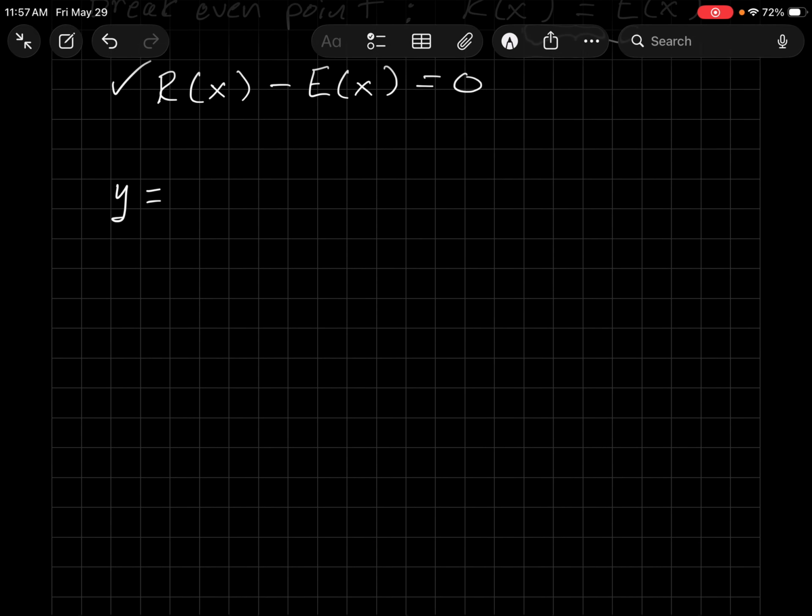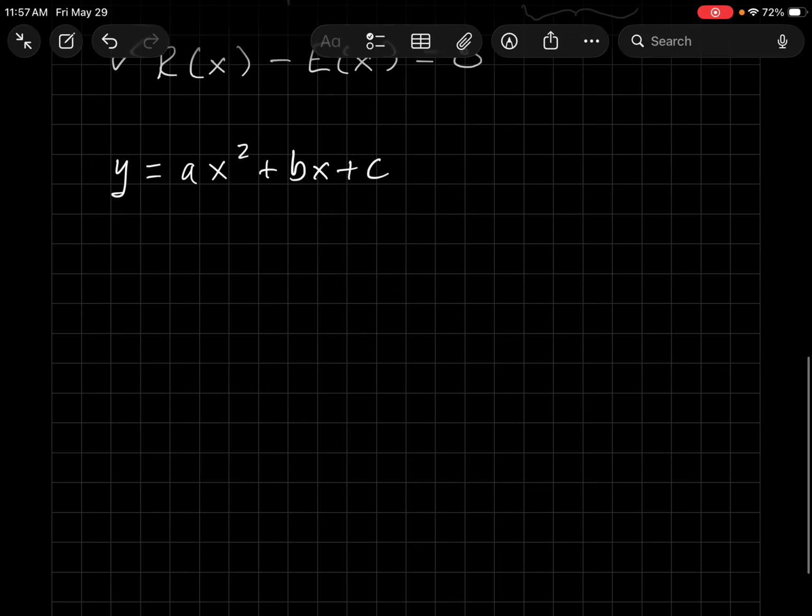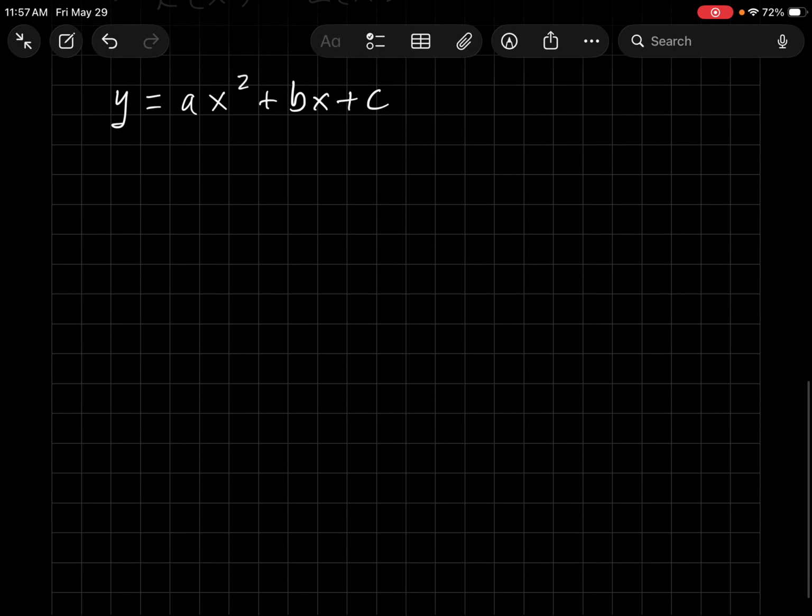We said a quadratic is of the form y equals ax squared plus bx plus c. And we know this equals 0 when we use something called the quadratic formula.